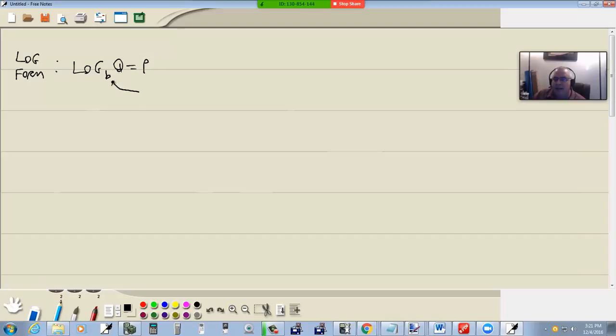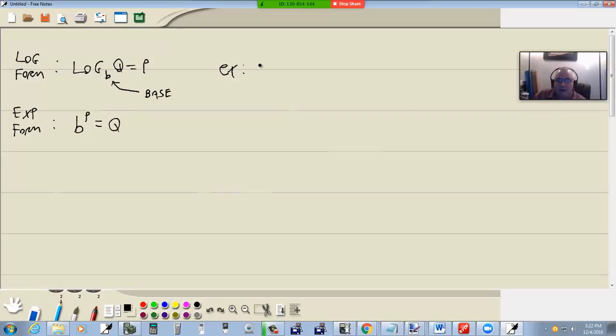All of these might have names, but the only one that has a name that matters, that we use a lot, is the b. That's referred to as a base. Now our exponential form is b to the p is equal to q. What these forms allow you to do is if you have something in log form, you can rewrite it in exponential. If you have something in exponential, you can rewrite it in log form.